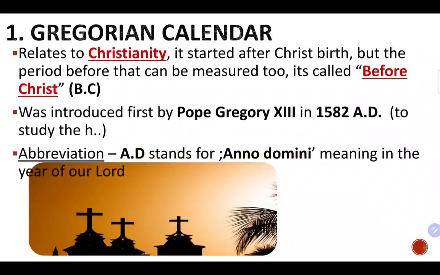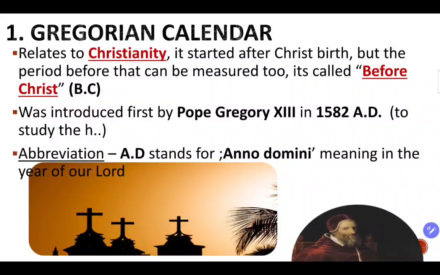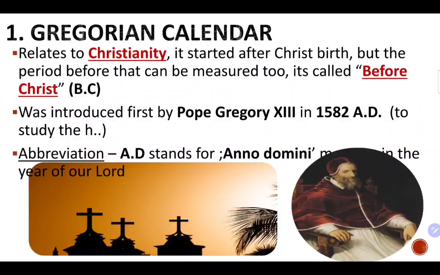The abbreviation AD stands for Anno Domini, meaning the year of our Lord. This is the picture of Pope Gregory XIII, the Pope who introduced the Gregorian calendar. So you have to remember that also.